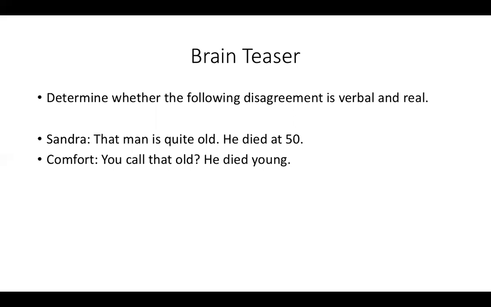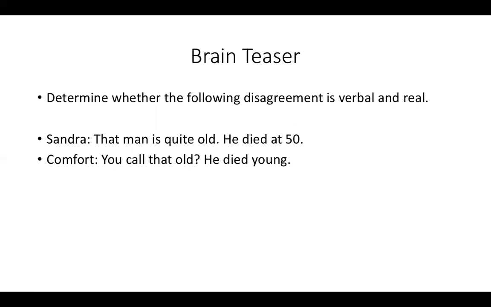A belief that 50 is old and a conflicting belief that 50 is young doesn't come across as a difference in belief, or rather, a difference in values. I think it comes across as a difference in perceptions of old age.